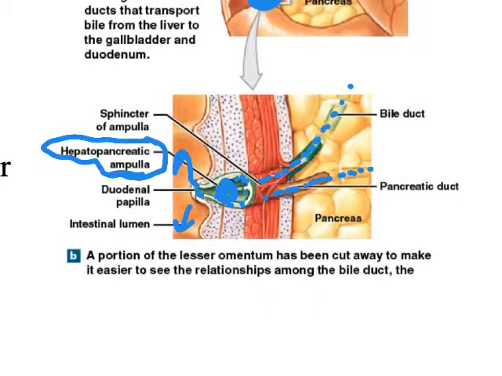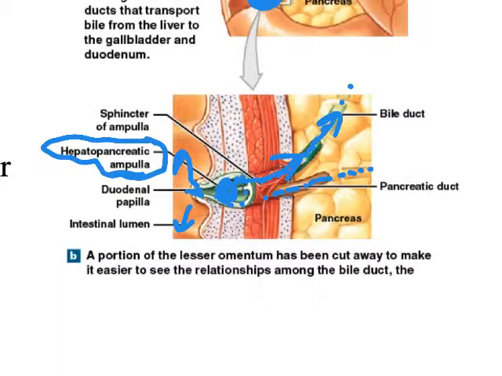And it gets stuck because this opening is so small, it's really hard, especially if it's a bigger stone, to pass through that small ampulla, that small opening. So now what happens is you get a backup of bile that ends up going back up into the gallbladder and can even back up into the liver if the gallbladder gets overfilled.